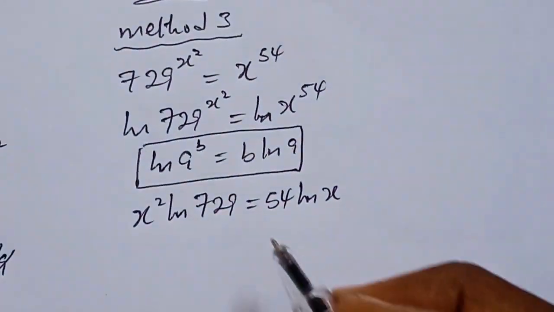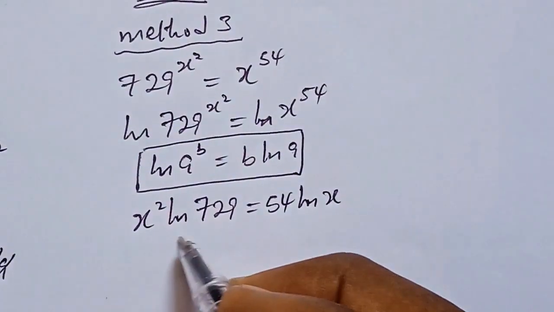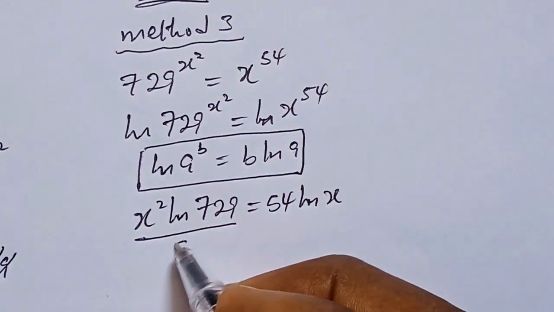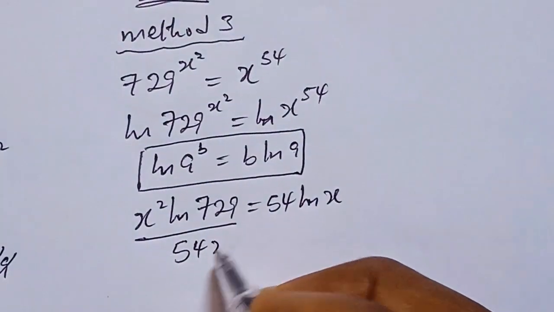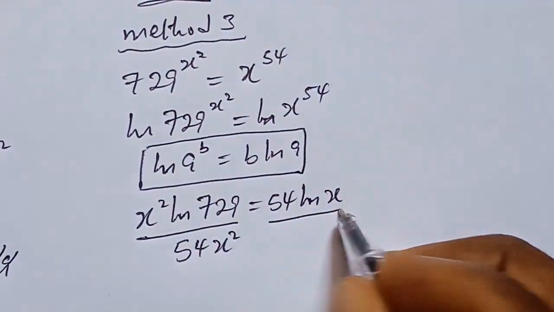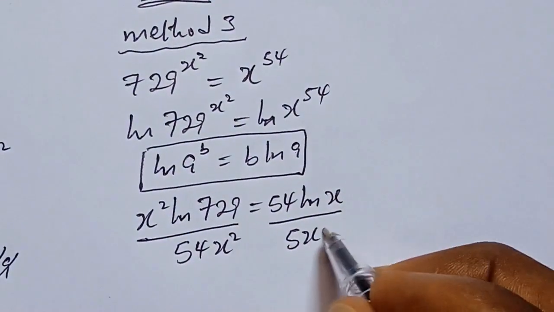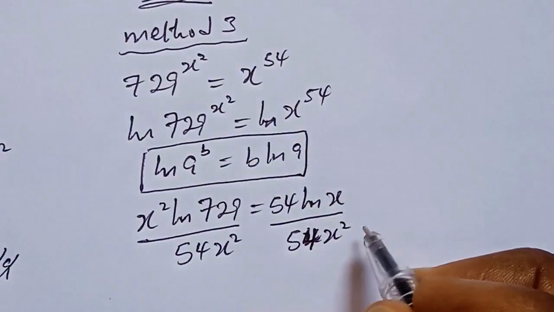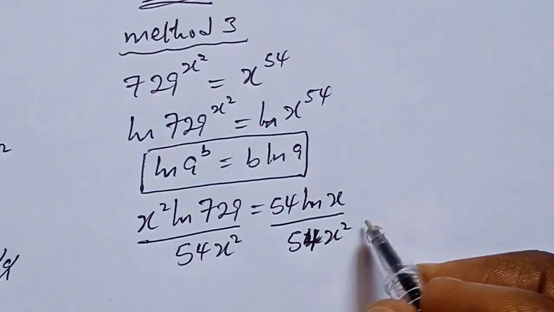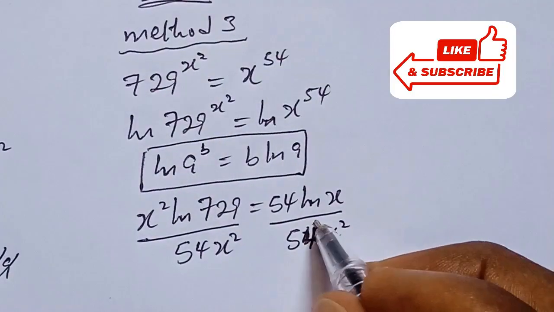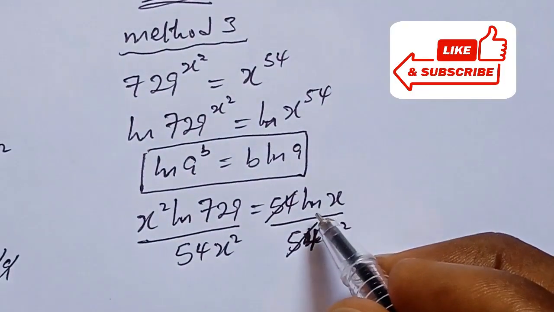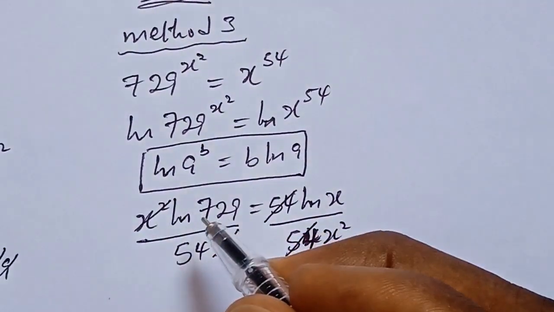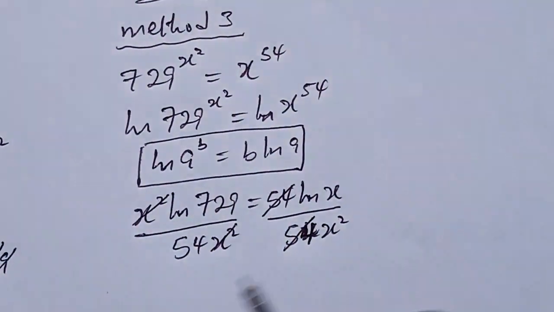Now we can divide both sides by 54x squared. So here the 54 cancels out with 54, and x squared with x squared on the left hand side.